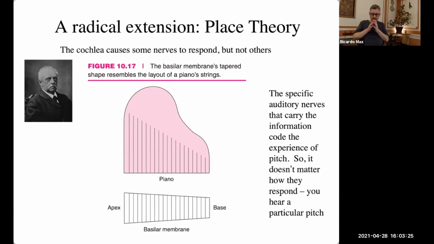So according to the place theory, the main determinant of the perception of a specific pitch is the specific area along the basilar membrane at which that activity originates. And it has nothing to do with the pattern of firing of that neuronal activity. Clear? Simple, right?